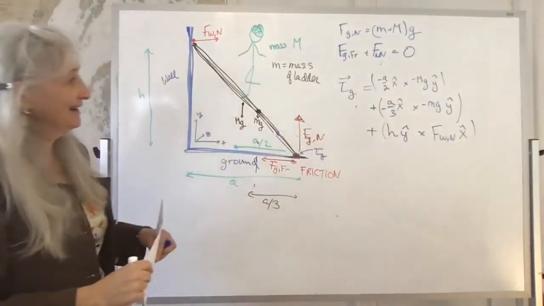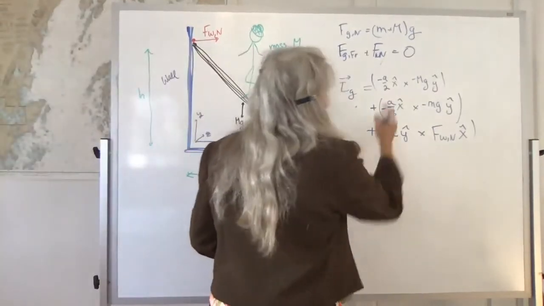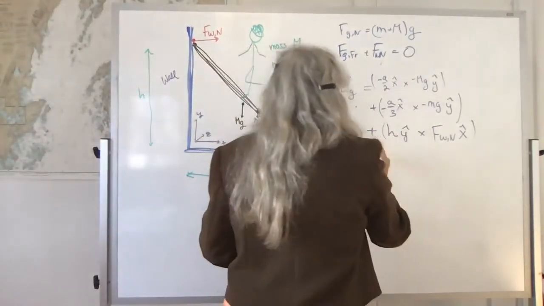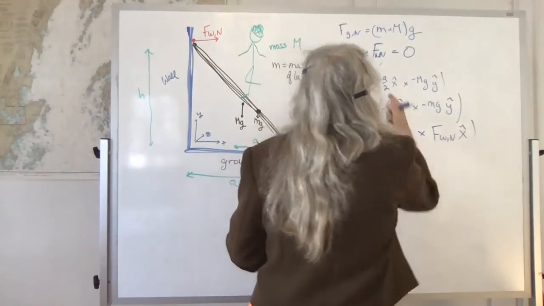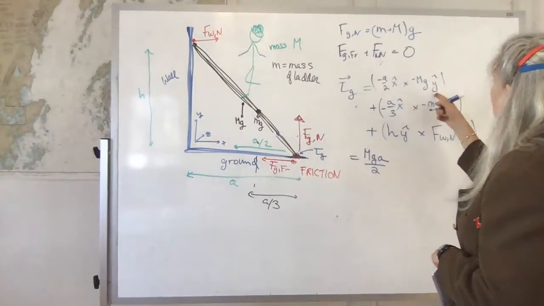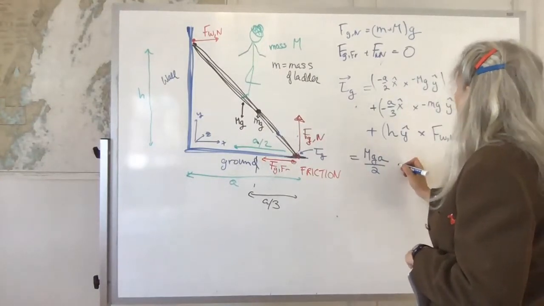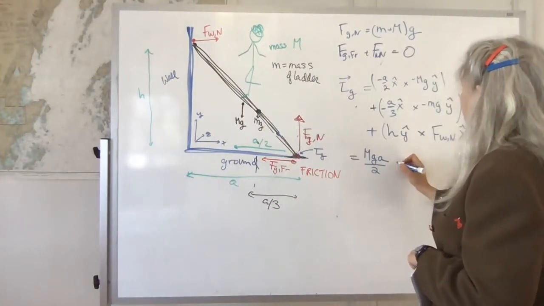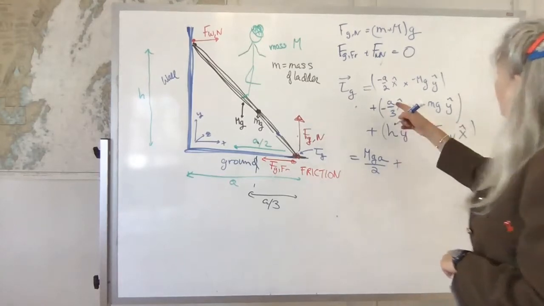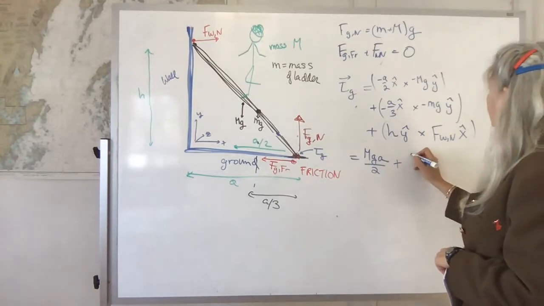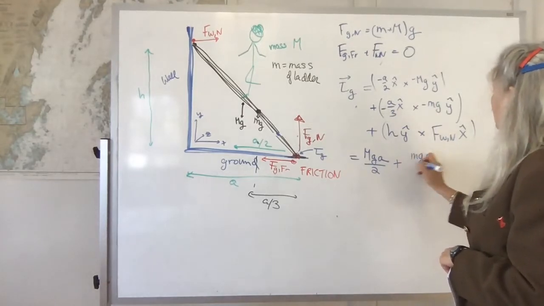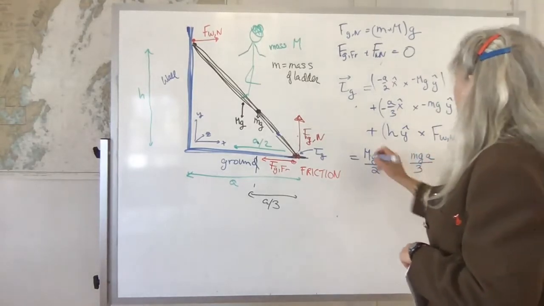Okay, so now let's evaluate this. It's going to be mga over 2, so we have a minus and a minus, with x cross y is z hat. So all the signs are positive. And now we have a minus and minus, x cross y is z hat again. So I have mga over 3.